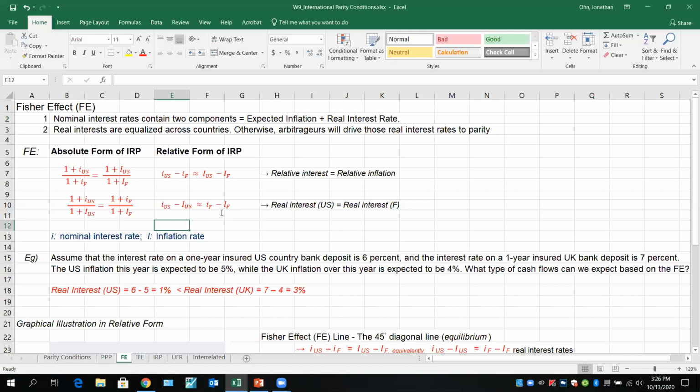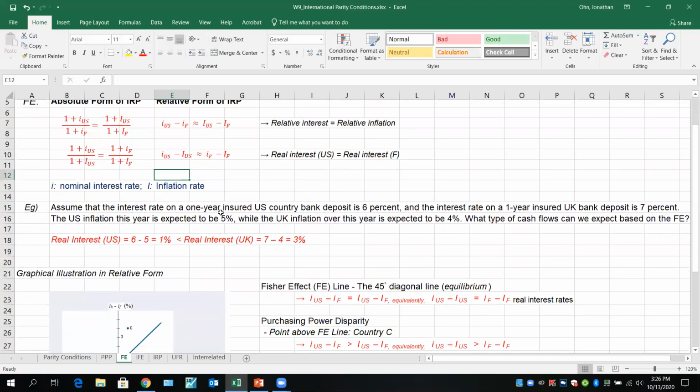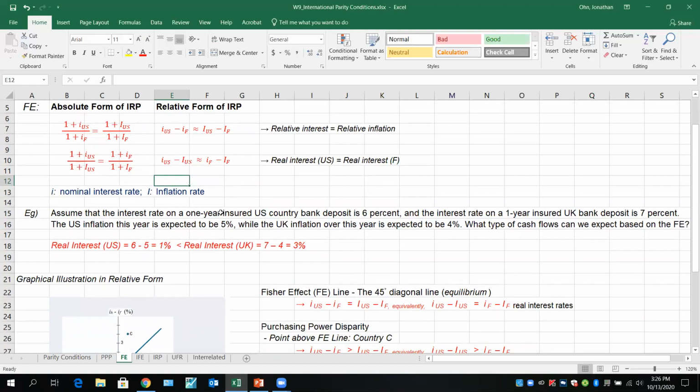Here, let's apply this model to a question. Assume that the interest rate on a one-year insured US bank deposit is 6%, and the UK interest rate is 7%.